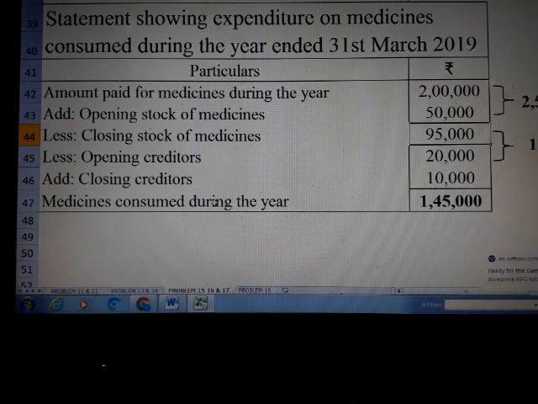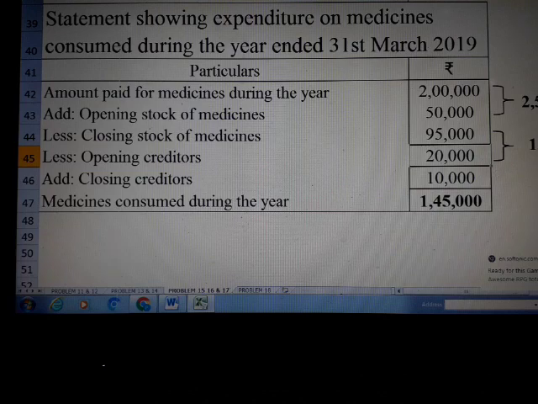Next, less your opening creditors. So creditors need to be subtracted. The opening creditors, not the closing creditors. So the opening creditors need to be subtracted. That is an amount of rupees 20,000. When you add the two items which are to be subtracted, that gives you 1,15,000.